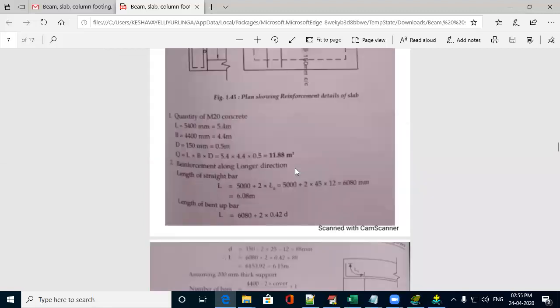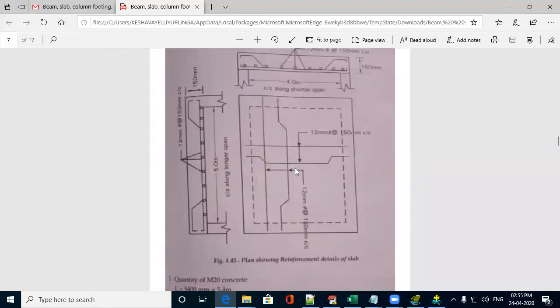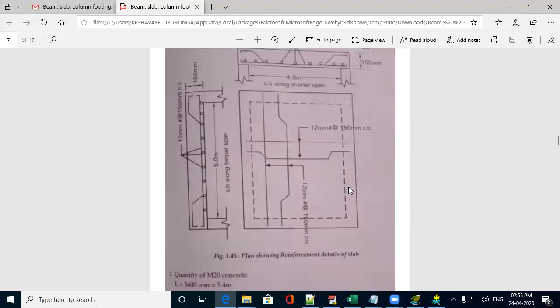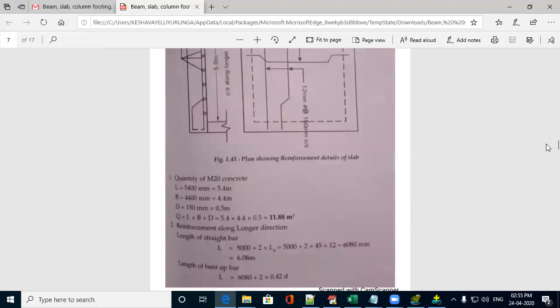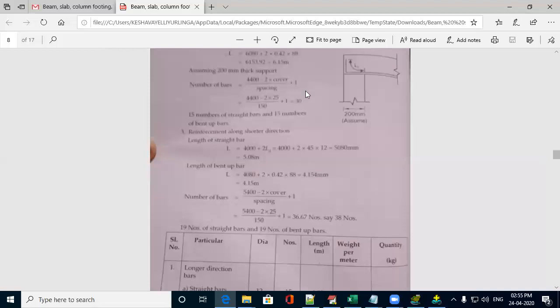Why we have to consider 4400? Because we are working in this direction. To get the number of bars, we need this direction, so that the bars will be spaced in this direction. If you work out that, you will get 30 number of bars.